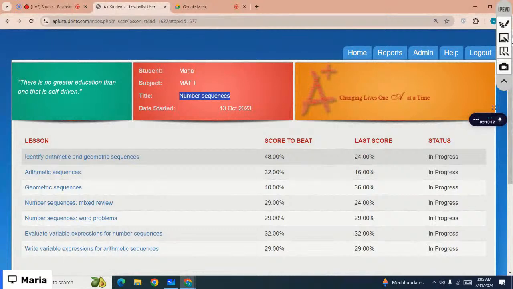On grade 7 math, let's just start with the first lesson, that is identify arithmetic and geometric sequences.